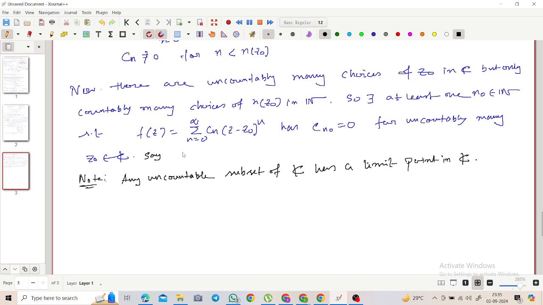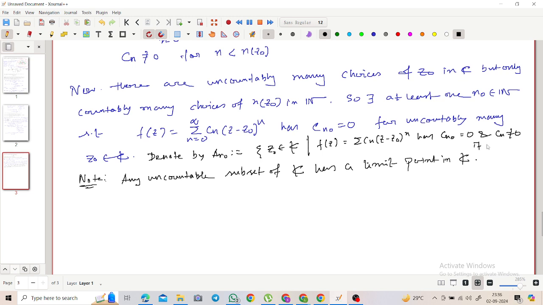Denote by A_n0 all those z belonging to C such that, if f(z) is the summation of C_n (z minus z naught)^n, it has C_n(z naught) not equal to 0 and C_n equal to 0 if n is less than n naught.